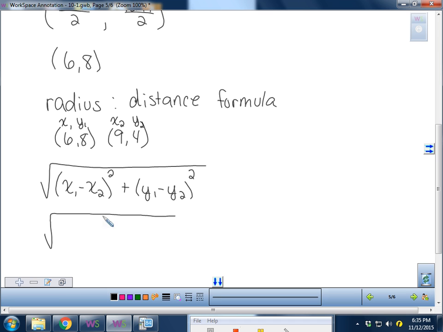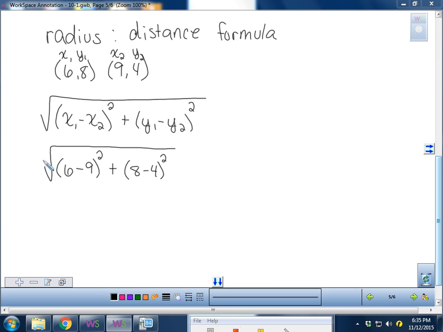All right. So I'm going to subtract my x's. So I've got 6 minus 9, and then I square that. Plus, I'm going to subtract my y's. So 8 minus 4. You have to do them in the same order. Okay. So if I use this x first, then I have to use this y first.